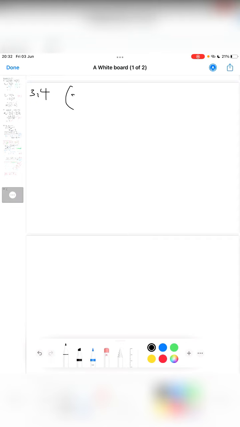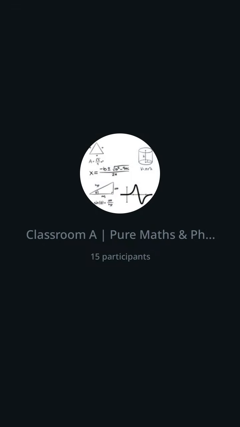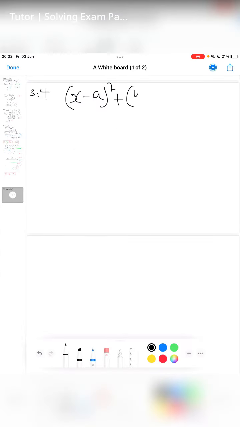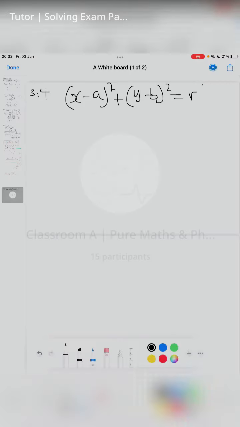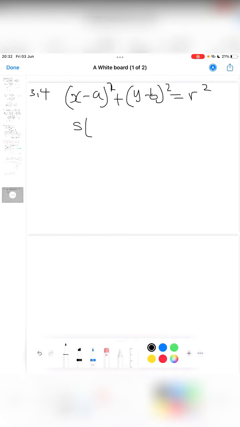And you guys said the equation is (x minus a) squared plus (y minus b) squared equals r squared. And we know that the coordinates of S are 0 and negative 16. Let me just write it like that and say negative 16.